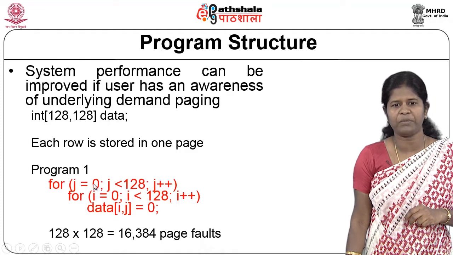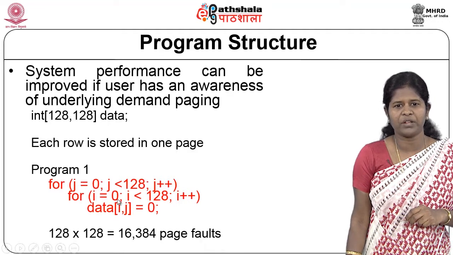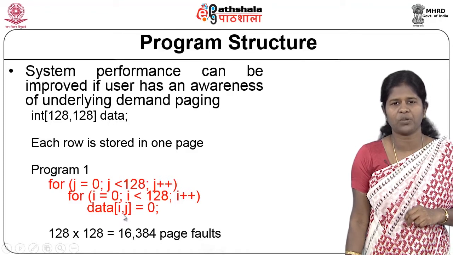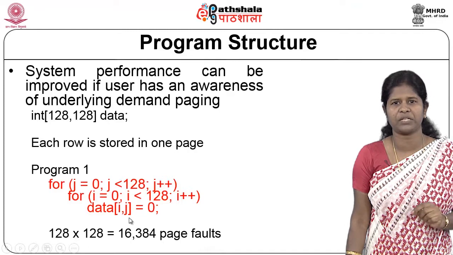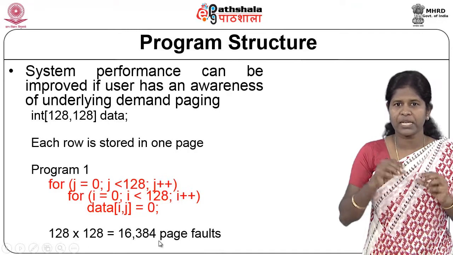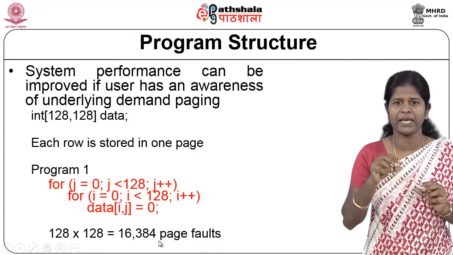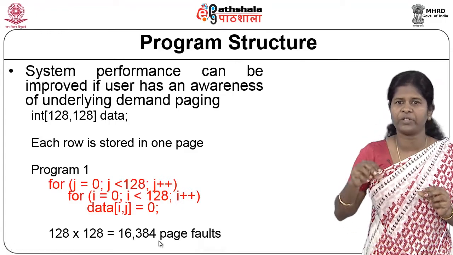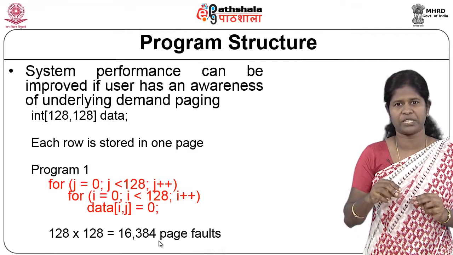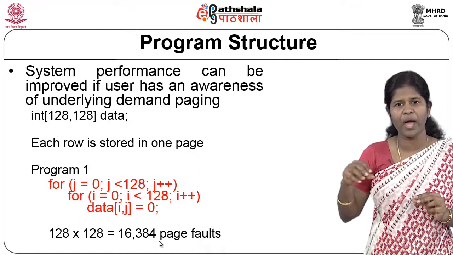The second element, j will be 0, i will be 1, so data of 1 comma 0, and so on. So it will be data of 0 comma 0, data of 1 comma 0, data of 2 comma 0 and so on. That is, it will be referring to the first element in each of the rows: the first element in the first row, then the first element in the second row, the first element in the third row and so on.